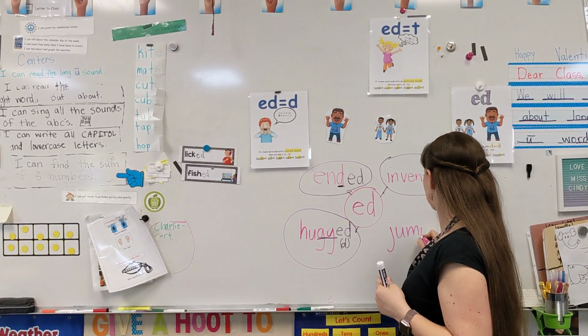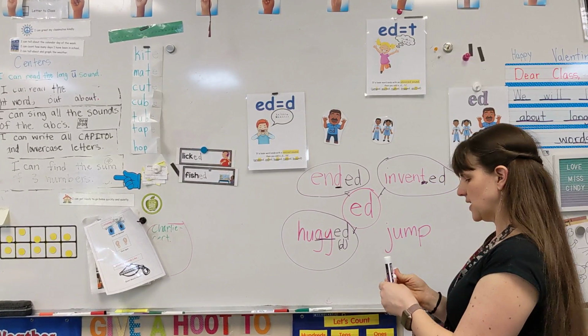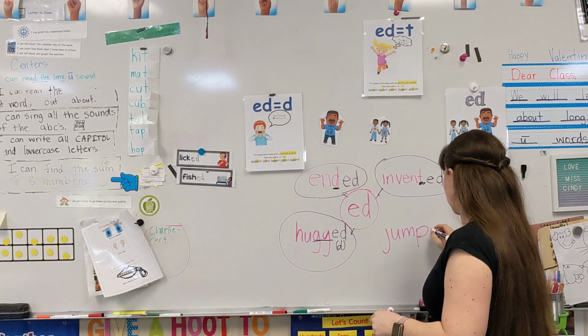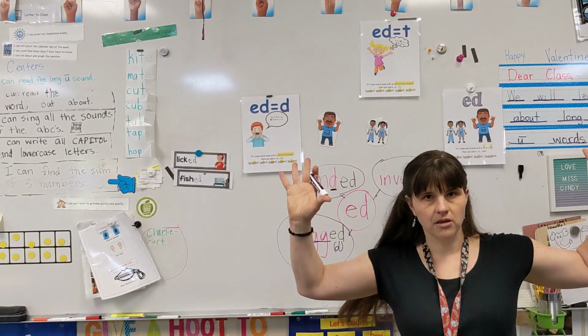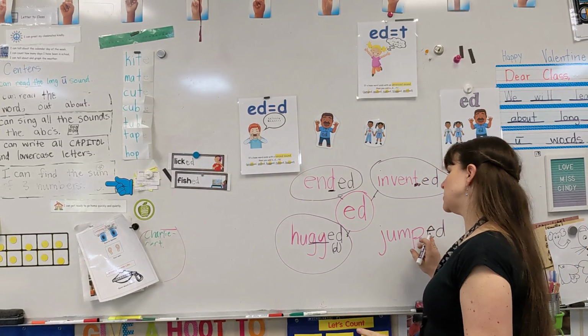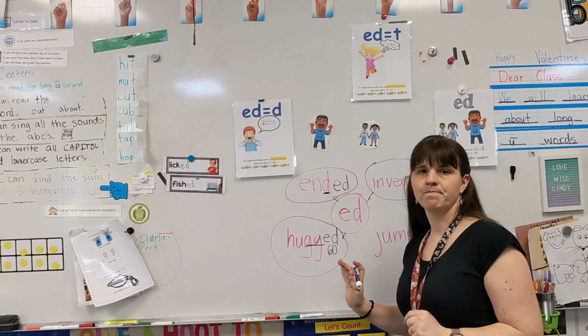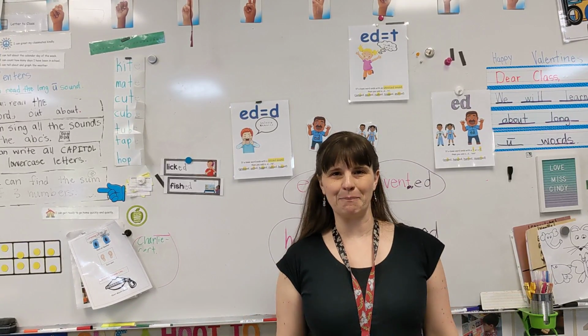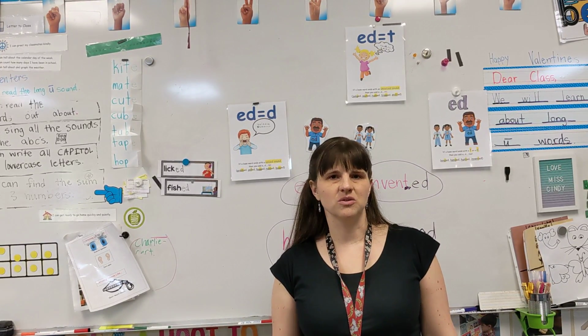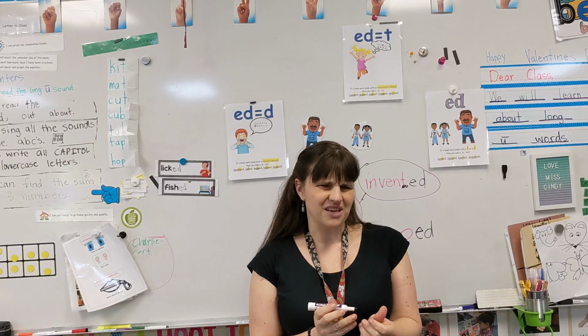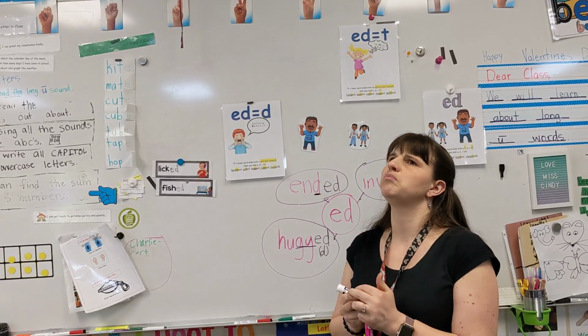Ready? Jump, jump. Okay, let's try ed. Ready? It doesn't end with a T or a D, right? But we'll try it just to see. Jump-ed. I jump-ed on the trampoline. That doesn't work. What should it be? Jumped.